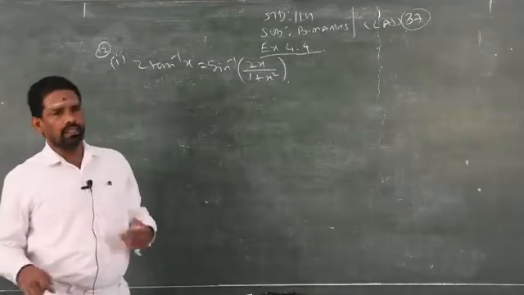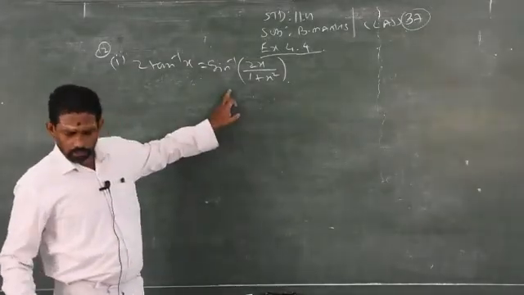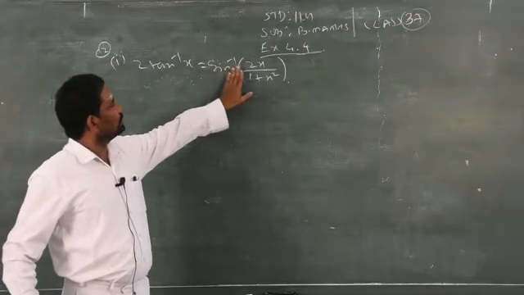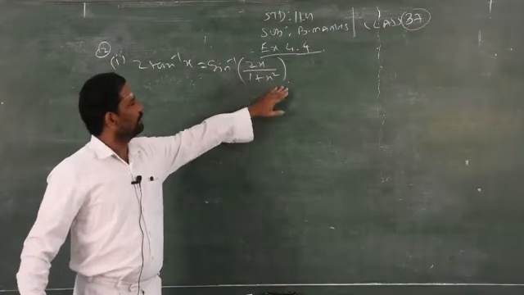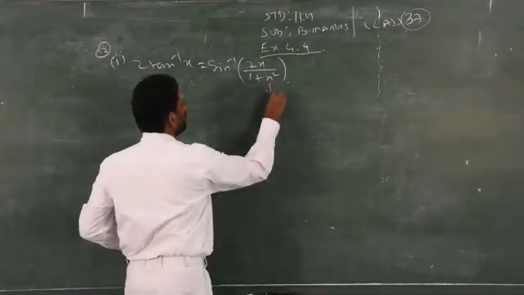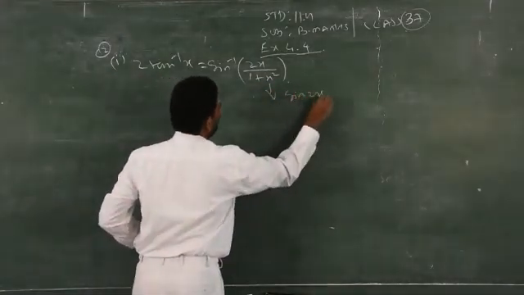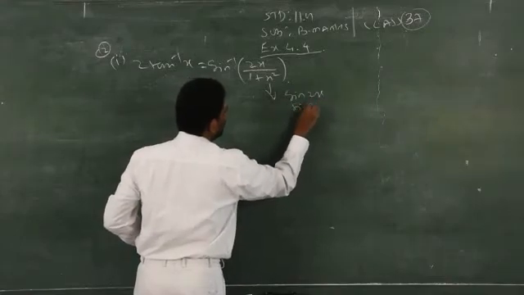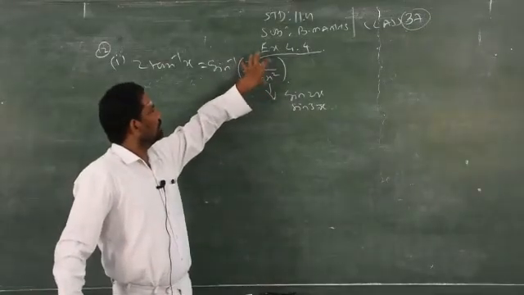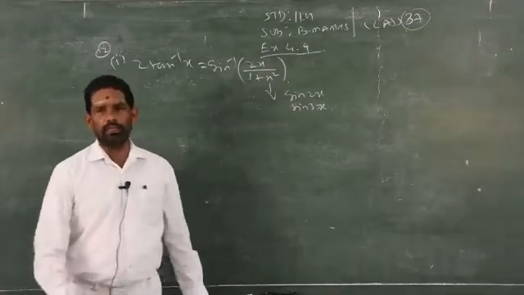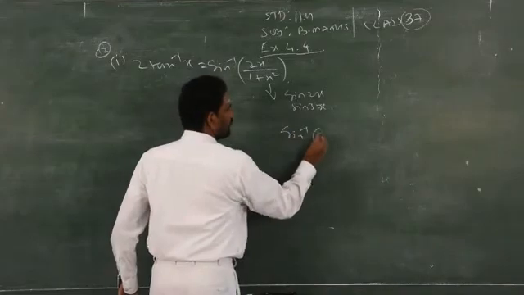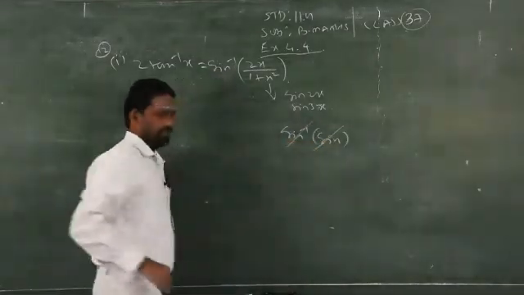Why I asked you to memorize those formulas is, if it is sine inverse outside, your aim is to make this 2x by 1 plus x square in terms of sine 2a format. Then sine inverse of sine can easily be eliminated.